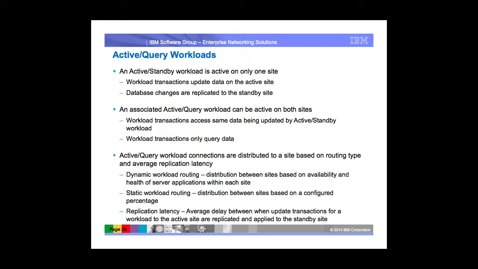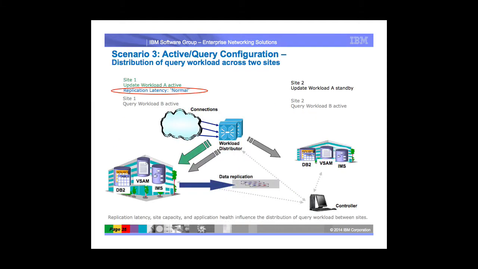So let's look at how that works. On page 26, what we're doing is we're using NetView to help track the data replication latency. So a lot of businesses will say, yeah, that's great. I'd love to get my secondary site active, and for my really important claim system, it can take off some of the load from the primary site for that claim system and take some of the traffic.